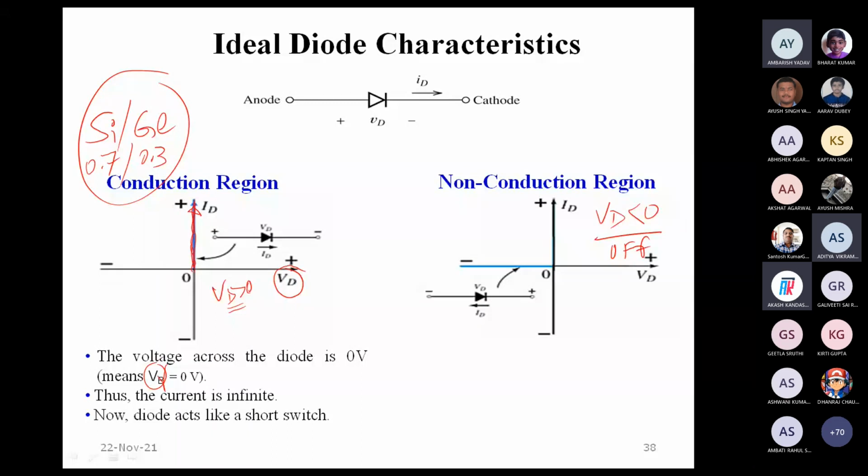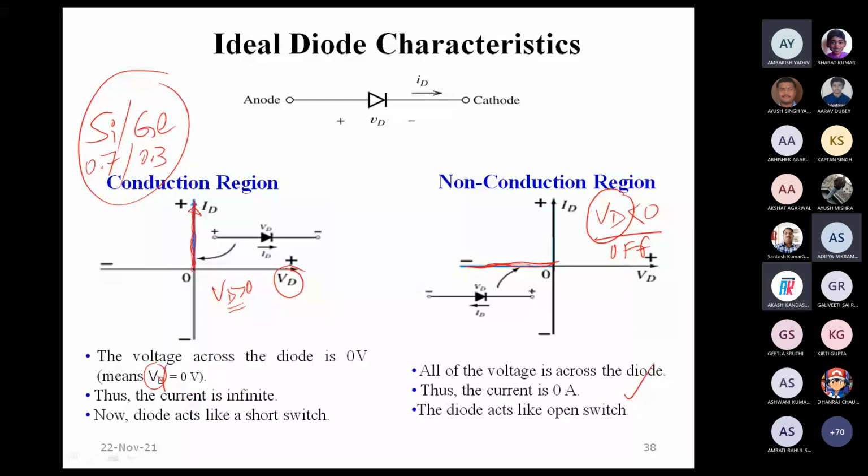In the off condition we see no current flow, and even if we increase VD in the reverse direction, there is no current. So these are the ideal characteristics. The diode acts like an open circuit here.